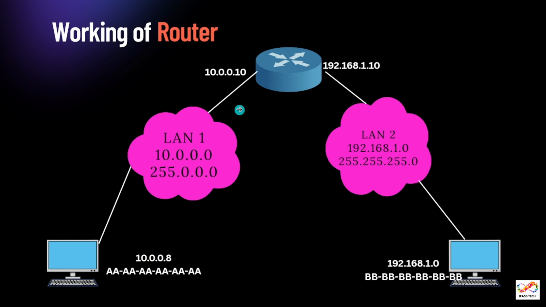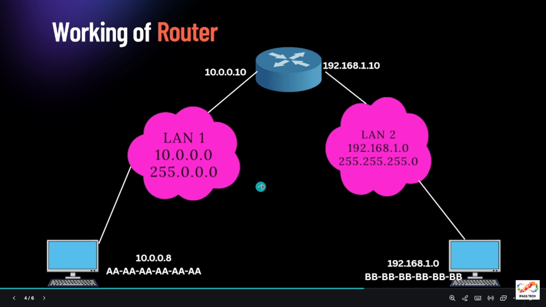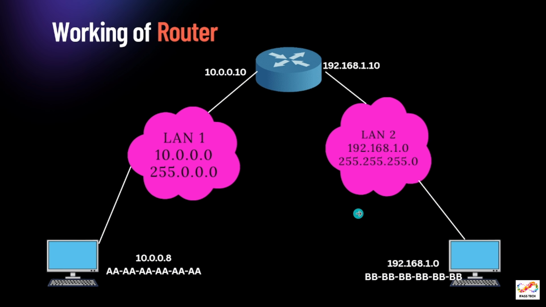Router interface for network 1 is 10.0.0.10 and router interface for network 2 is 192.168.1.1. Now when PC 10.0.0.8 wants to communicate with 192.168.1.0, it sends the packet to its default gateway. Important point, the default gateway for the PC in network 1 will be the 10.0.0.10 router interface IP.